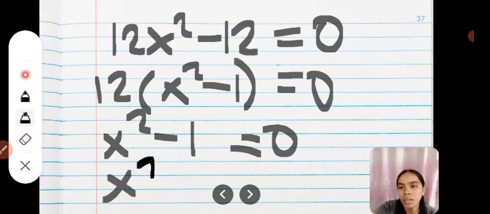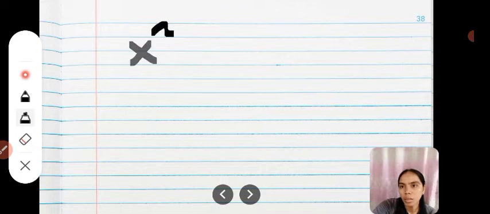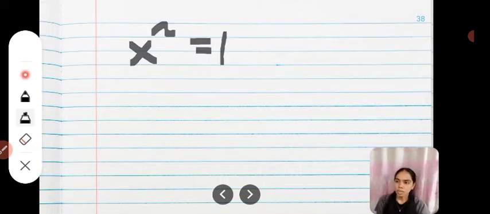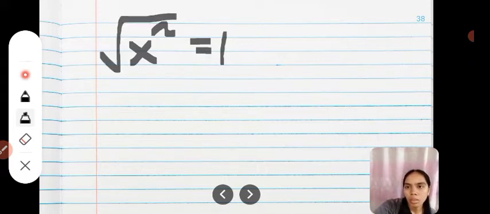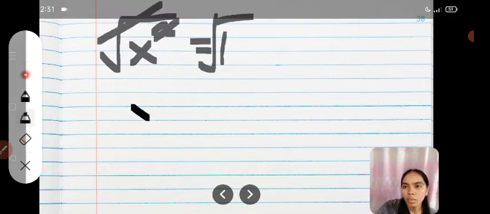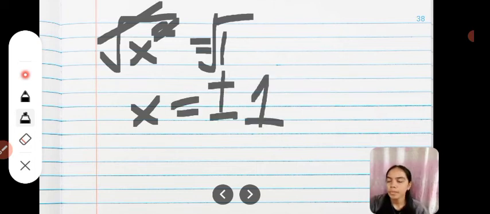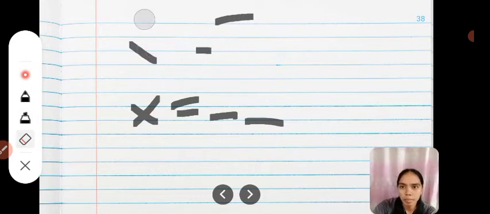So x squared is equals to 1. To eliminate the squared, we will take the square root of both sides, so it will become x is equals to positive or negative 1.